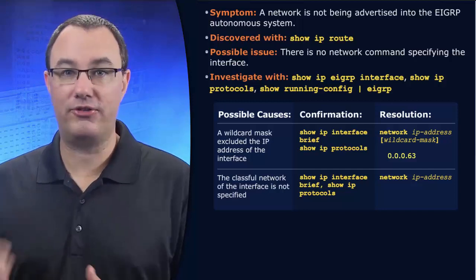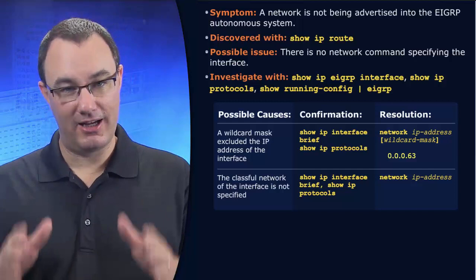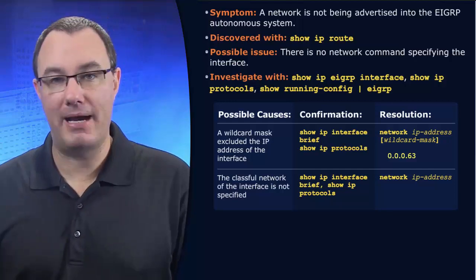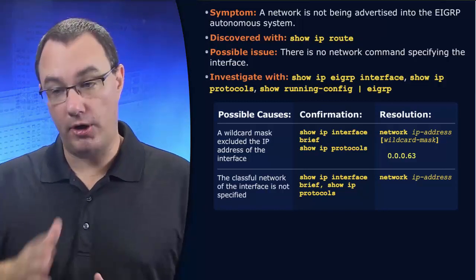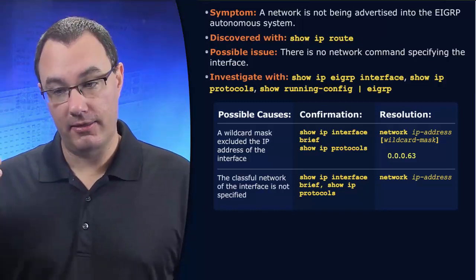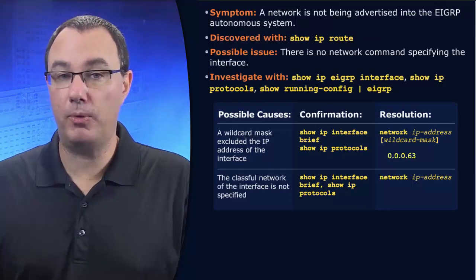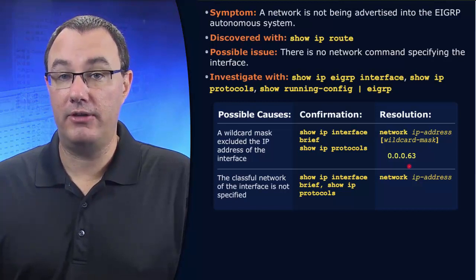That's the two-step process that I use. Show IP interface brief and then look at my network statements. Are each of them matched up with a network command? Maybe not a one-to-one, but all of your interfaces that are up with an IP address should be somewhere within the ranges of these network statements.